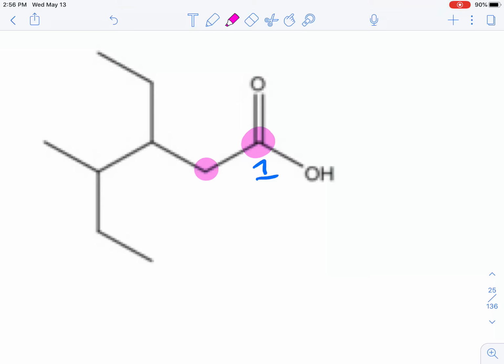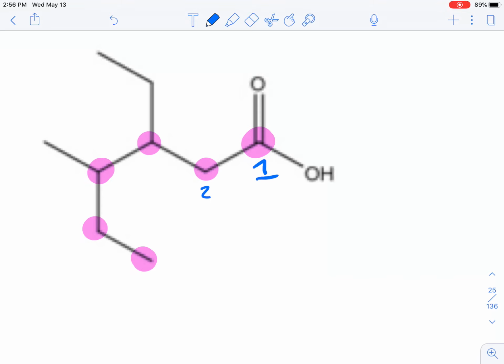So we have 1, 2, 3, 4, 5. Okay, so let's back up 2 steps. 1, 2, 3, 4, 5. Okay, so 1, 2, 3, 4, 5, 6. And so it looks like this path that curves down is going to give us our longest carbon chain.